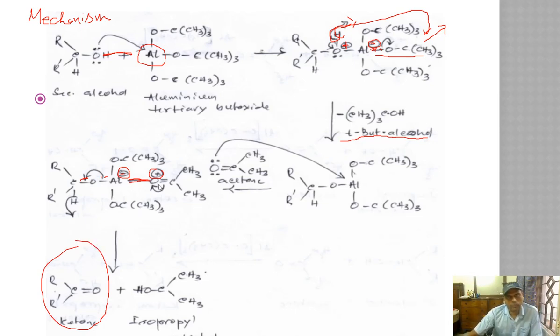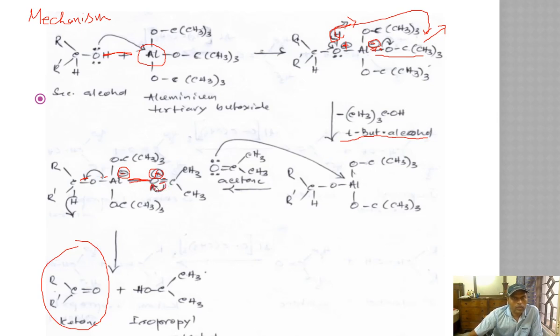Now what will happen here? Because the oxygen is positively charged here, one of the bonds over here between oxygen and carbon, the electrons are going to shift over here.